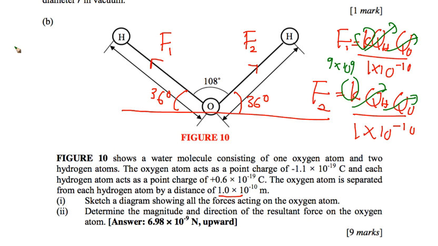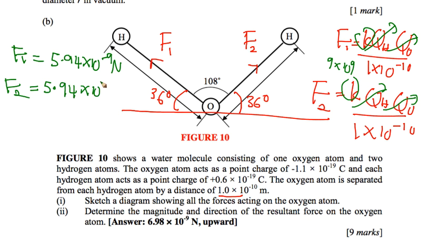So you can use a calculator, and the answer for F1 is equal to 5.94 exponent minus 9 Newton. Right? So look at F2, it has the same value, meaning you have the same magnitude, 5.94 exponent minus 9 Newton.